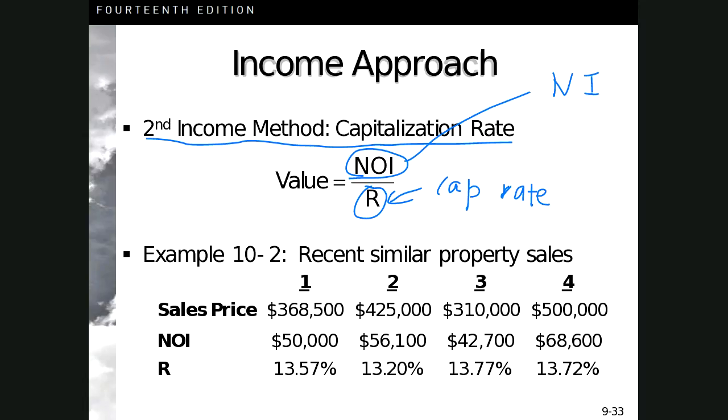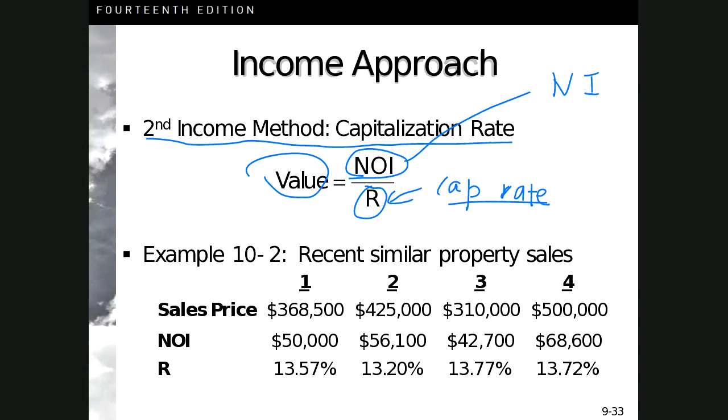In the accounting sense there are lots of differences, but in essence, that's what people want to look at. Okay, so then instead of looking at a value equal to a multiplier times the net income, now we're looking at the value equal to the net operating income divided by the cap rate.